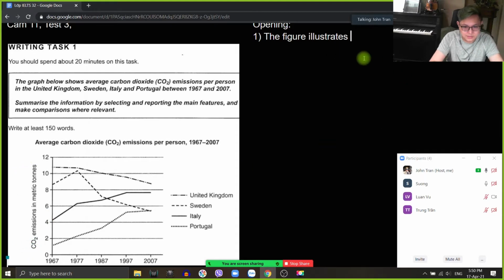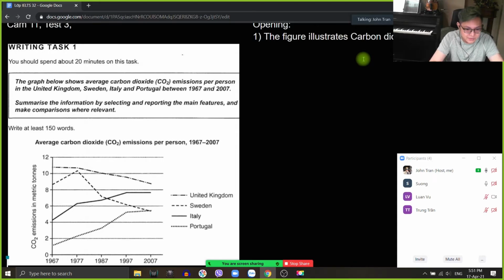I think you illustrate the... no, not the... because now it's the first time you mention the words carbon dioxide, so I do not think you should use the abbreviated form. The first time you mention CO2, you must write out carbon dioxide in full, not abbreviate it. In later mentions you can abbreviate.